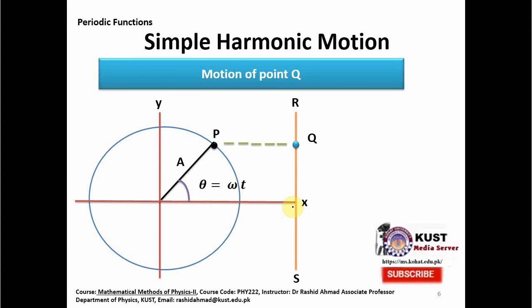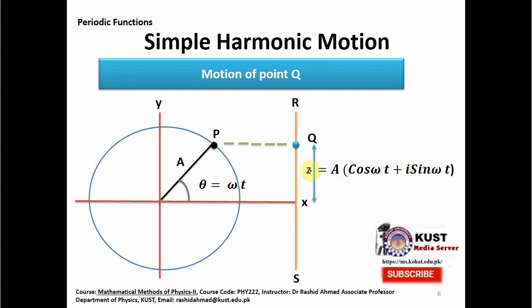Okay, so now we move towards the motion of point Q again, and want to show that this motion of point Q is a simple harmonic motion. Here you see this displacement could be written as Z equals a cos omega t plus i sin omega t.